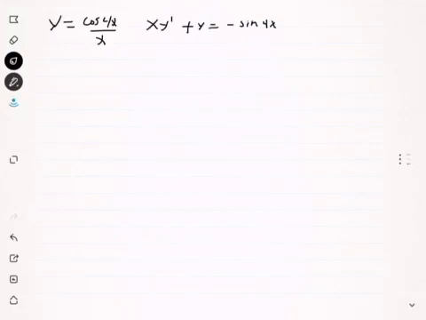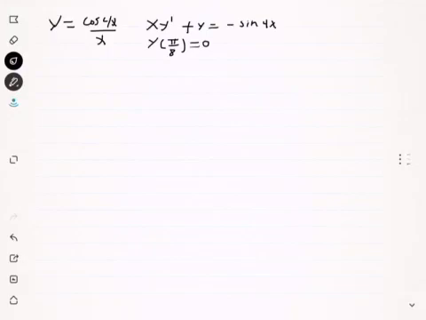And they also want me to show that the initial condition is satisfied, so y evaluated at pi over 8 equals 0.